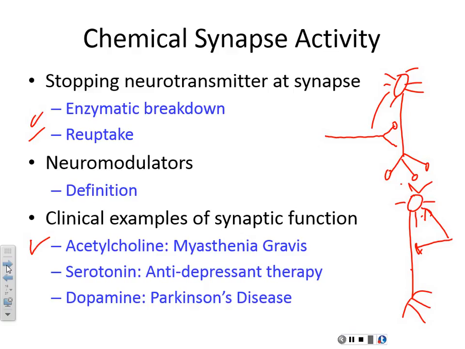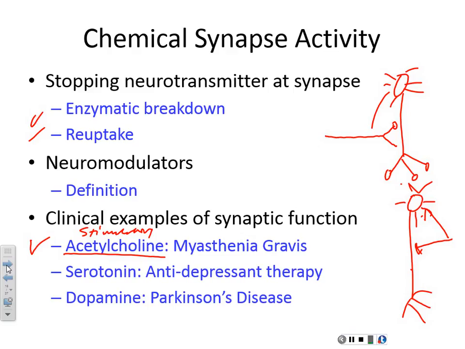So I want you to talk about the neurotransmitter that's involved and what kind it is. Because this one is stimulatory, because it stimulates muscles to contract. So if you are knocking off that ligand-gated channel on the postsynaptic membrane, on the motor end plate in this case, because the motor end plate is on the muscle cell, then it won't be able to contract.